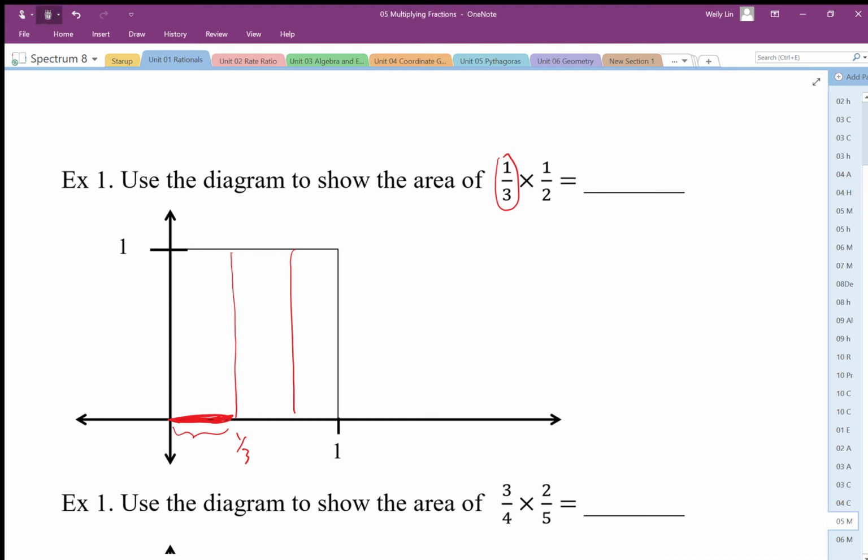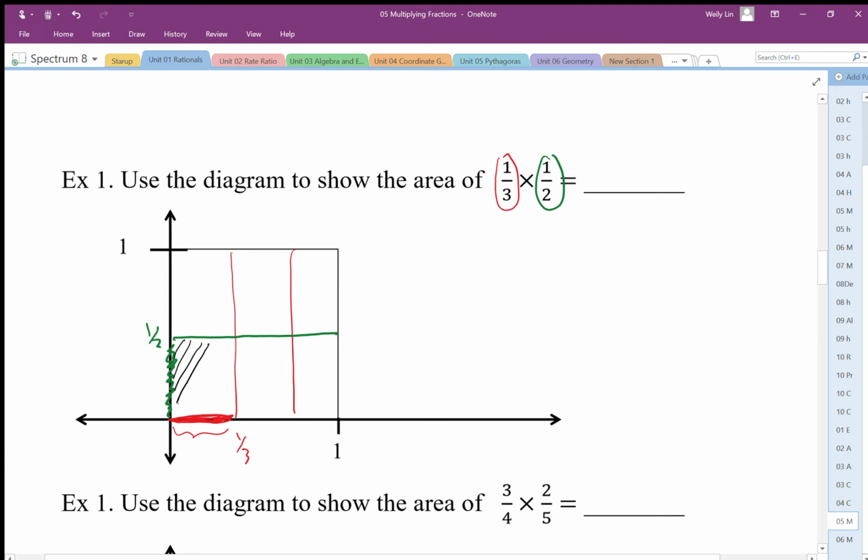And I need a 1/2 length. The 1/2 length I'm going to put along the vertical. If 1/3 is along the horizontal, 1/2 has to be along the vertical. So there's my 1/2 line, and this length here represents half. So length times width, the area that I want is this area in here.